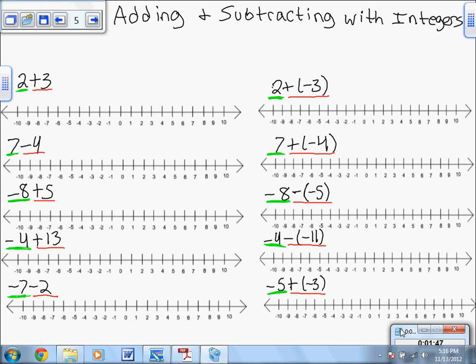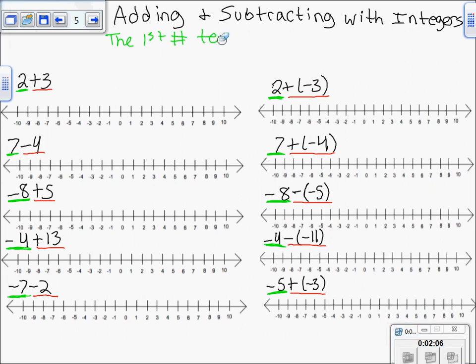Okay, with any adding or subtracting integers problem, the first number, the one underlined in green, tells you where to start on the number line. So think of it that way. The first number tells you where to start.